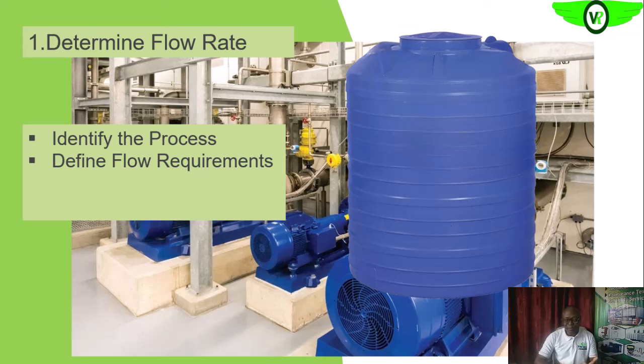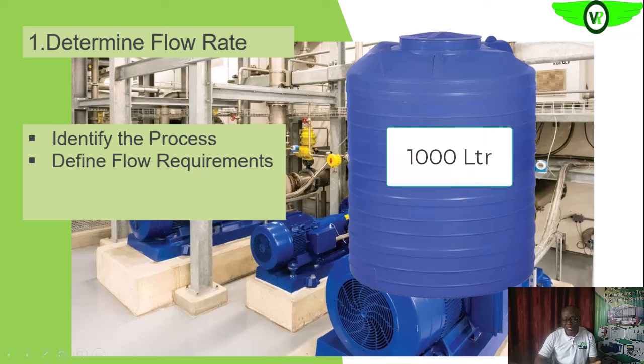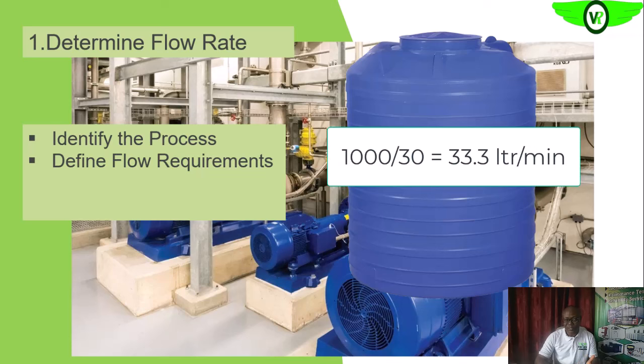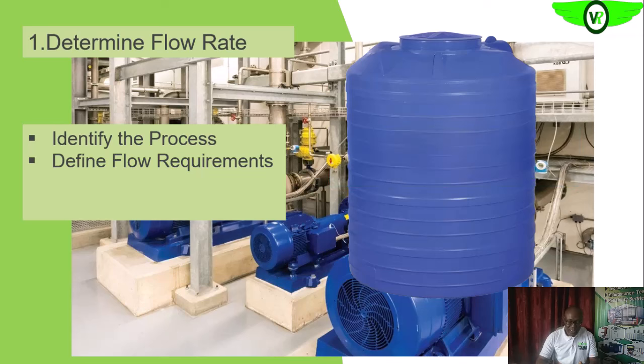As an example, assume this tank is a 1,000-liter tank and you want it to be filled in 30 minutes. That will be 1,000 divided by 30. That will give us the flow requirement. Are we getting it? Then from there, having known the size of the tank and the amount of time, you calculate the flow rate.